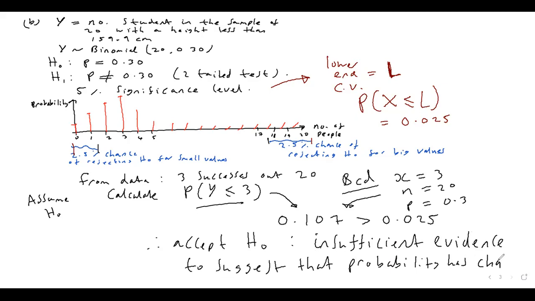So the probability of picking someone with a height less than 159.9 centimeters has changed. I'll just put this in brackets: probability has changed of picking someone out of the surveyed people with height less than 159.9.